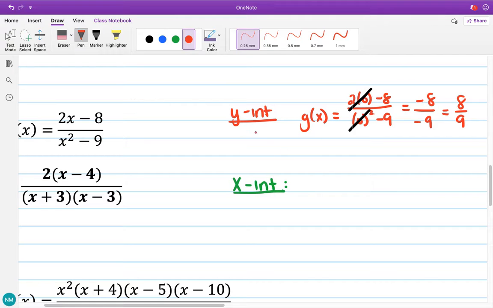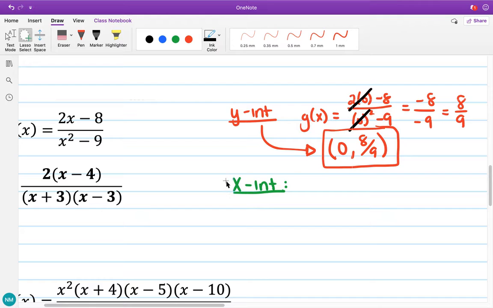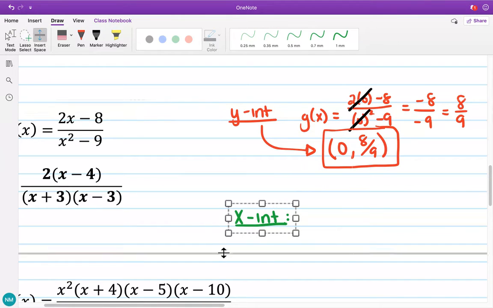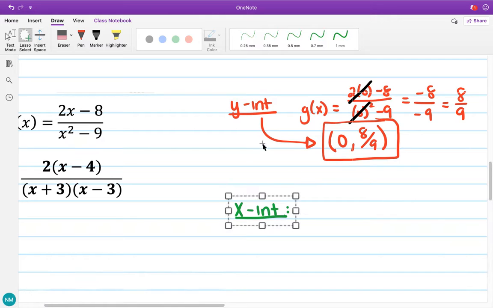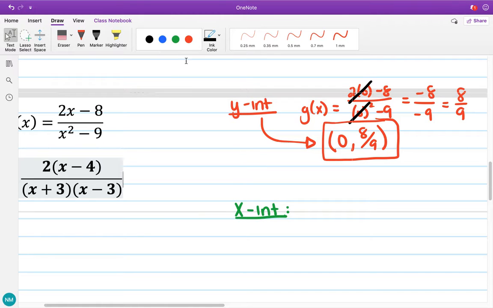So my y-intercept is, therefore, (0, 8/9). You could do it in factored form, which we're going to do in the next one, but if it's already expanded for you, use that to your advantage, for sure.